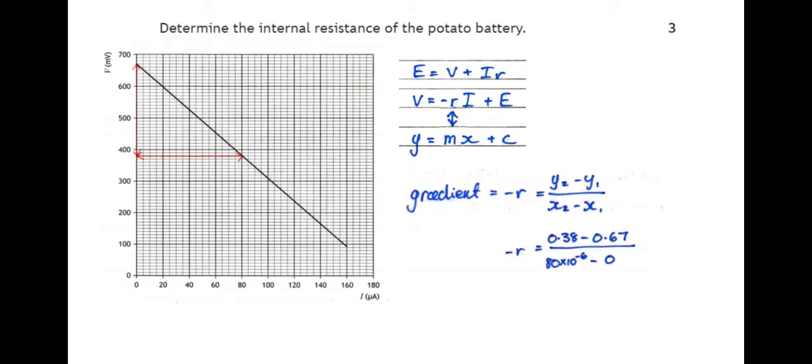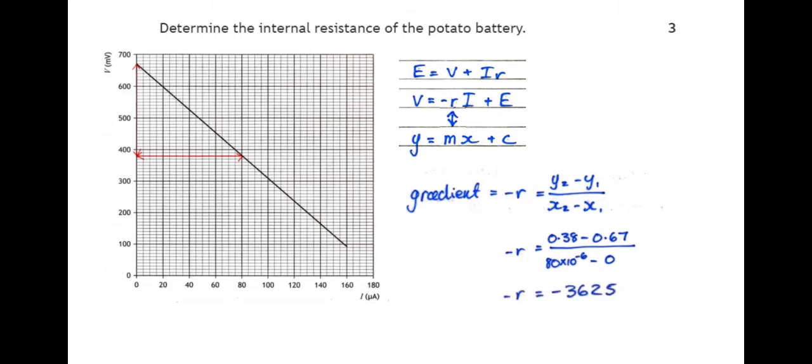And I looked at that and found 2 points where the line cuts through the very corner of a grid square, and I got y2 to be 380 millivolts, or 0.38 volts, minus y1, 670 millivolts, or 0.67 volts, divided by x2, which is 80 microamps, minus 0.